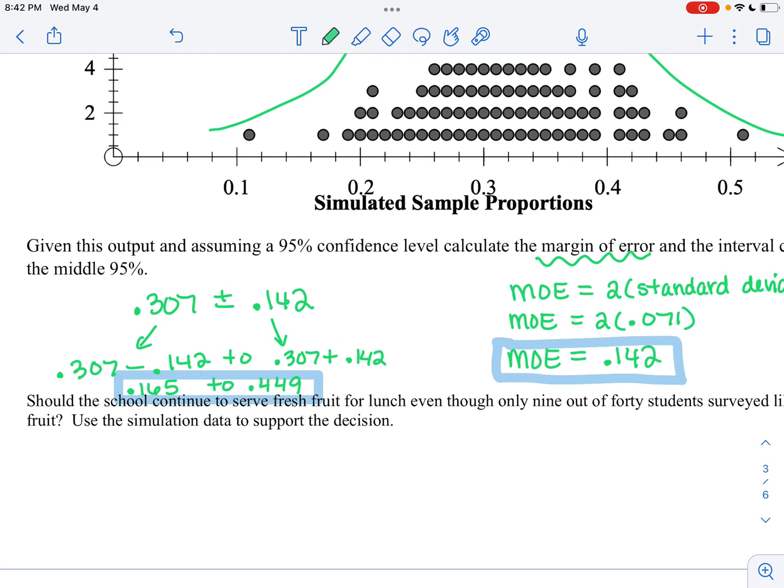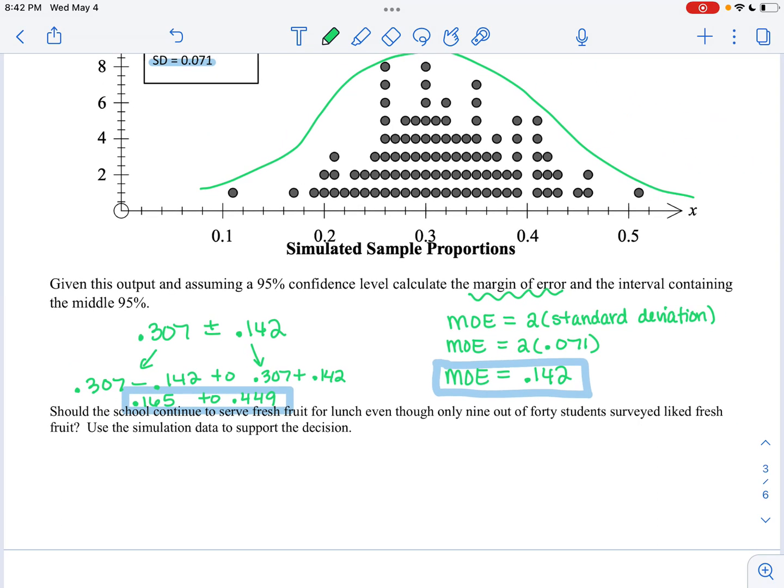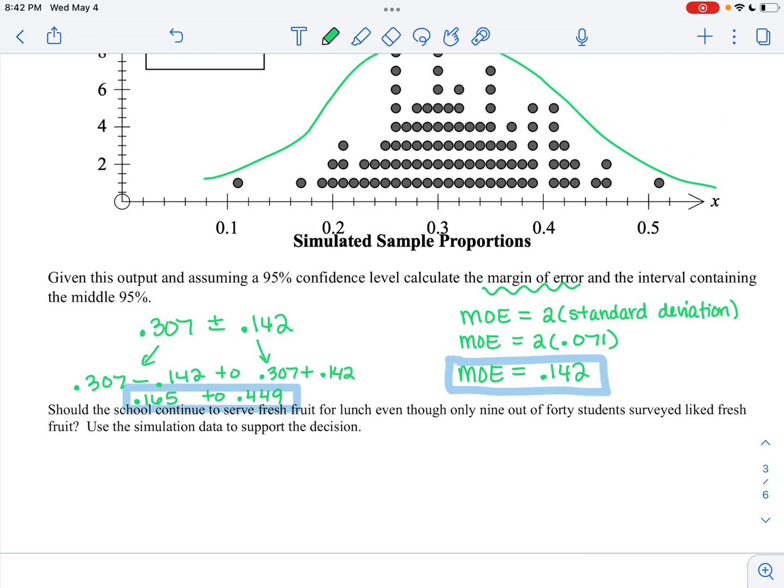Should the school continue to serve fresh fruit for lunch even though only 9 out of 40 students surveyed said they liked fresh fruit? Let's determine if our 9 out of 40 was likely. First, let's look at 9 out of 40 as a decimal. Since our interval is in decimals, this gives you 0.225.